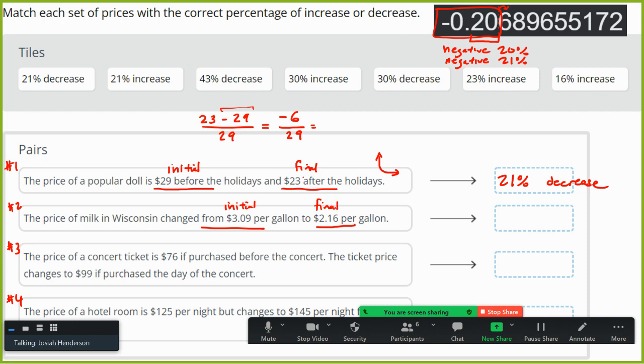Let's set this up and do this one together also. Okay, I'm going to draw a line here for our new work above. So it's final minus initial over initial. Final is 2.16. Initial is 3.09. And then we divide by 3.09.